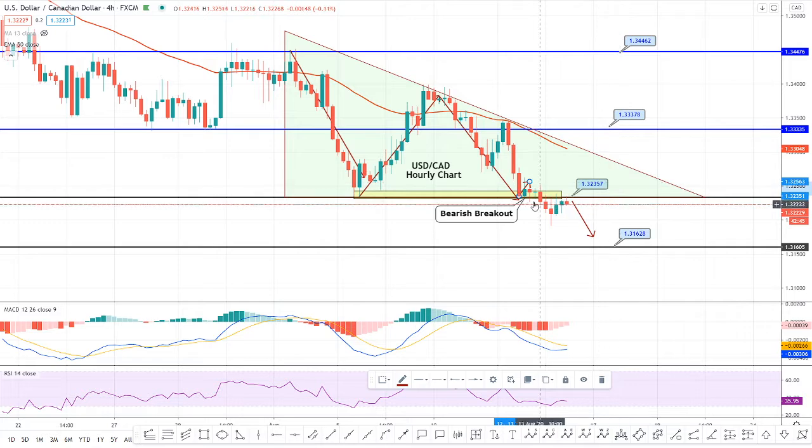level. So the closing of candles outside the descending triangle pattern is confirming that there is a breakout in the market, and now the odds of selling in the market remain pretty high.